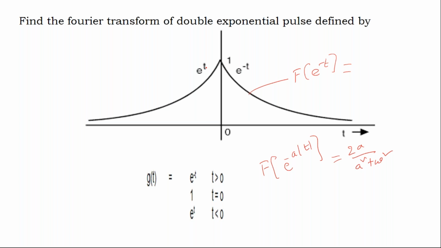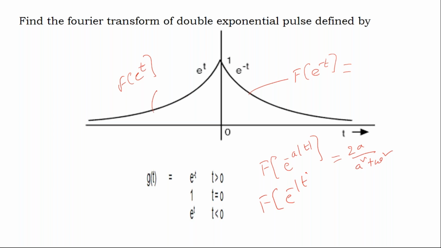Please unmute yourself and tell me. 1, sir. What is the value? 1. So I can write this part as the transform of e power t. So it is the combination of both. So I can write this as the Fourier transform of e power minus mod t, where the value of a is 1.